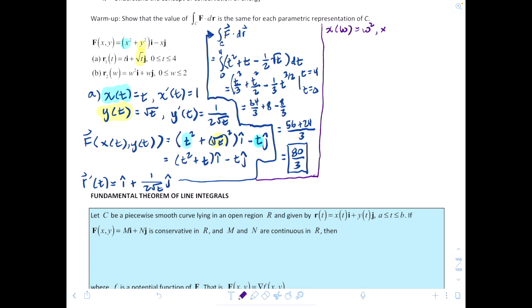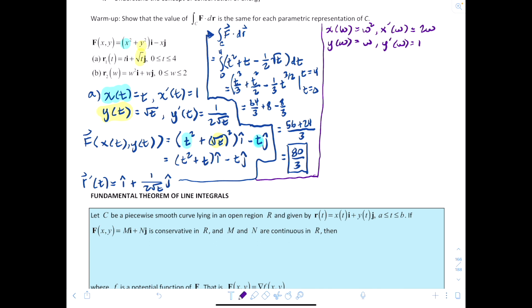So x prime at w is equal to 2w. y at w is w, and then y prime at w is 1. And I think you see where we're going with this. This might end up being a little easier to evaluate.